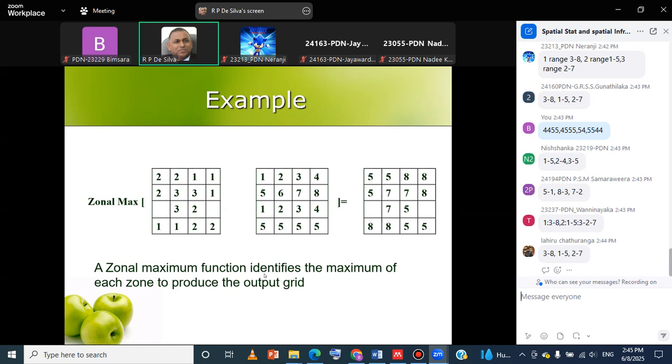So that's how some of your answers are not correct. For example, Vaninayaka's answer gave the range, but that's not the range. Range is one value, maximum subtracted by minimum. Samaravira is not correct.